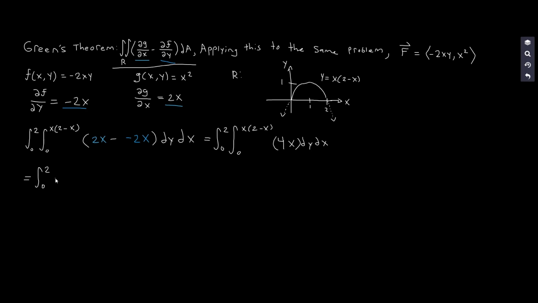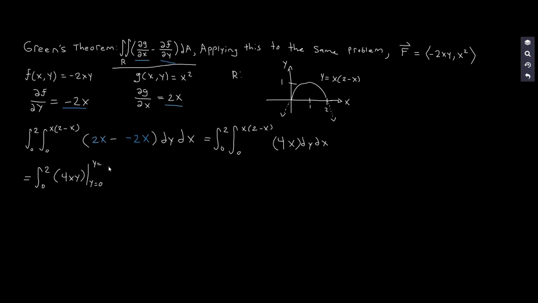First integral. This is going to become, upon integration, 4xy evaluated at its bounds. This is integration with respect to y. So y equals 0 in the evaluation bar is the lower bound of integration.